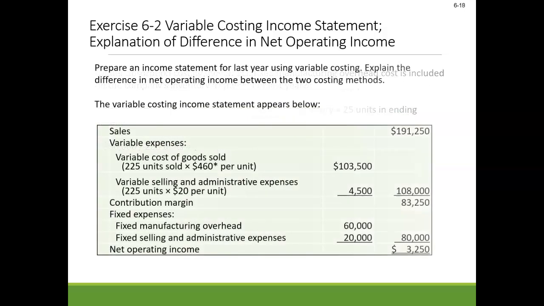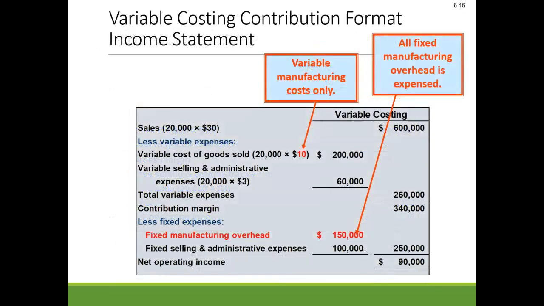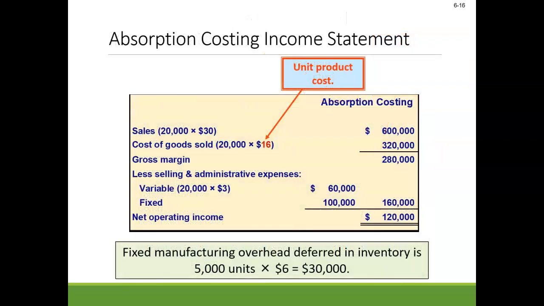And that's because, under variable costing, all of our fixed manufacturing overhead is part of our period cost. But under absorption costing, our fixed overhead is put into product costs.